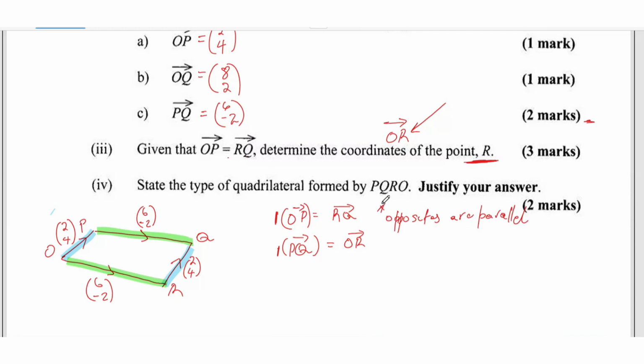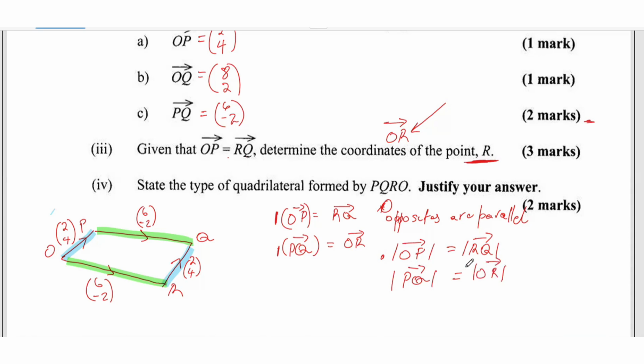All right. So I'm thinking parallelogram. But then I need to just tighten up one thing. If I should take the size, or what we'll call the magnitude, of OP, it's going to equal the magnitude of RQ. Also, if I should take the magnitude of PQ, it is going to equal the magnitude of OR.